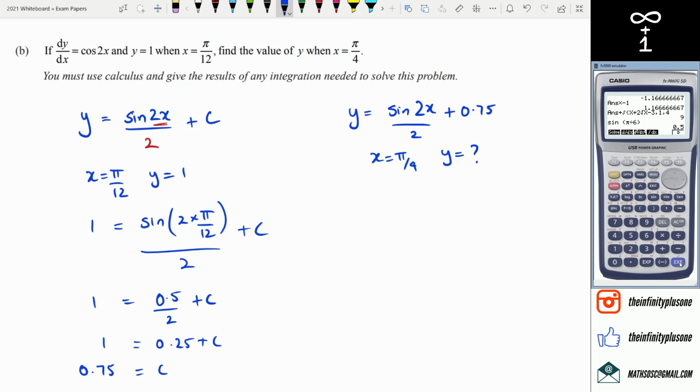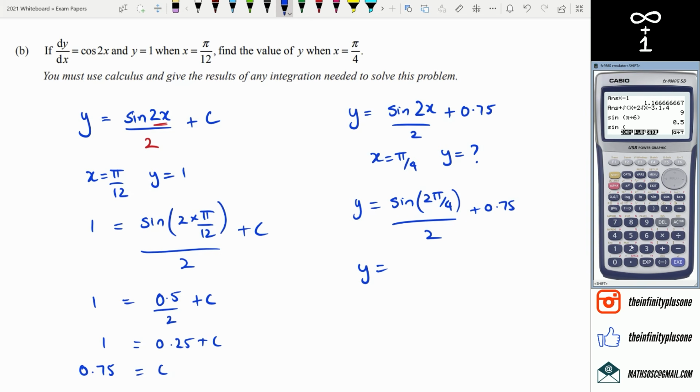So y is equal to sine of 2 times pi over 4, divided by 2, plus 0.75. So chuck this straight in the calculator. We've got sine of pi over 2, because 2 pi over 4 is pi over 2.